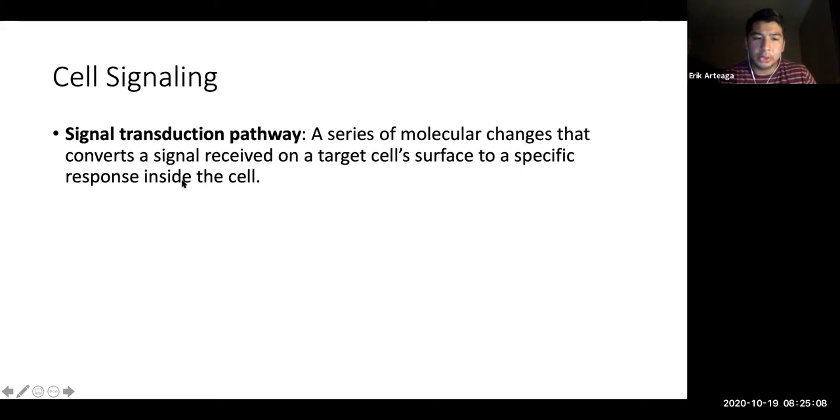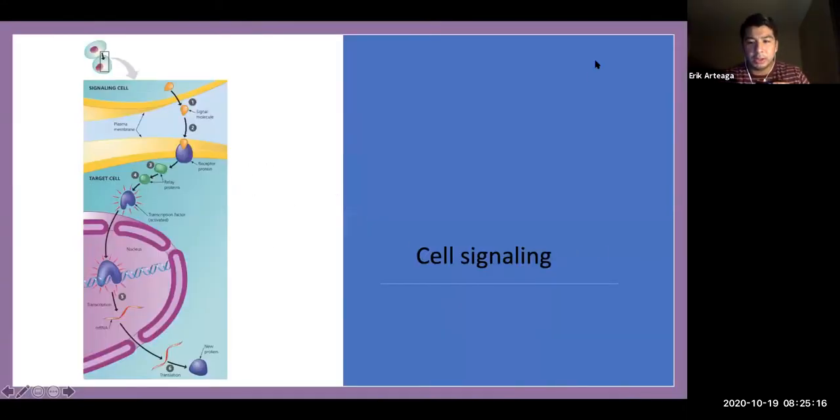All right, so signal transduction pathway. There's a series of molecular changes that converts a signal received on a target cell surface to a specific response inside the cell. So again, this is going to be that touching or the signaling, and then you have a cascade event. So you have relay of proteins, and a transcription factor is activated. That transcription factor can come inside of that nucleus, bind to the DNA, and then you have the activation of that gene, transcription, and then translation. So a new protein that can react to the stimulus can be produced, okay?